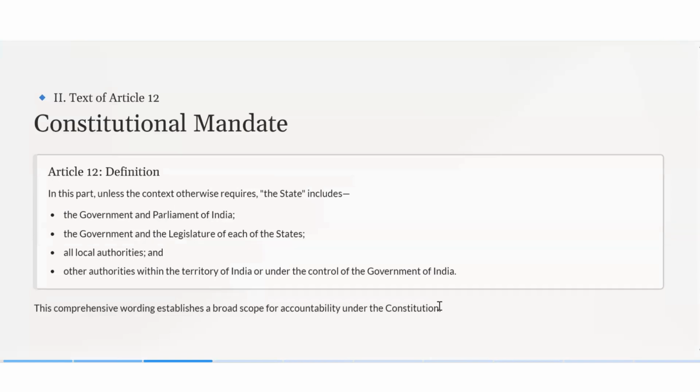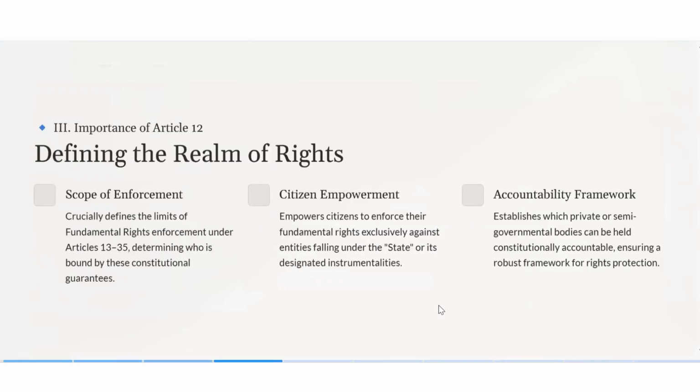So this comprehensive wording establishes a broad scope for accountability under the Constitution. What is the importance of Article 12 in the Indian Constitution? Defining the realm of rights and scope of enforcement: we should know where it can be enforced and what is the scope of fundamental rights. It crucially defines the limits of fundamental rights enforcement under Articles 13 to 35, determining who is bound by these constitutional guarantees.